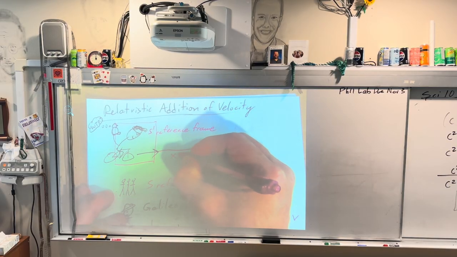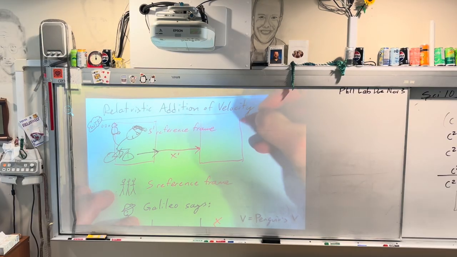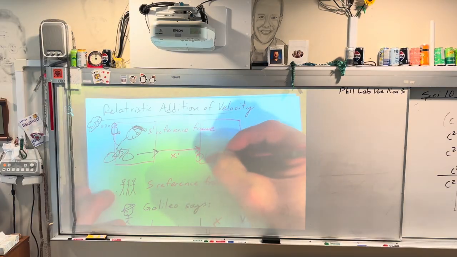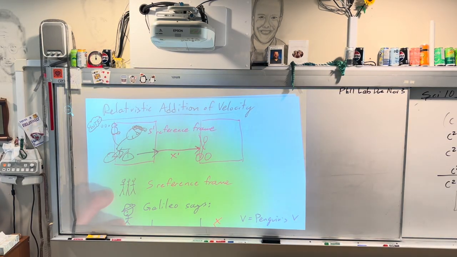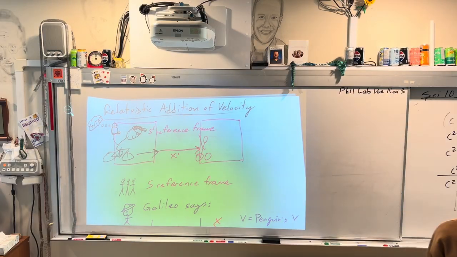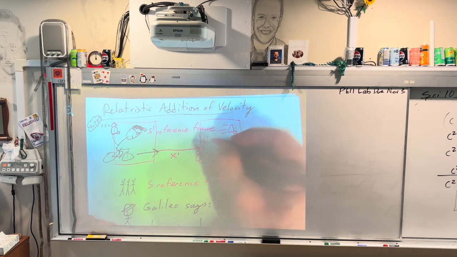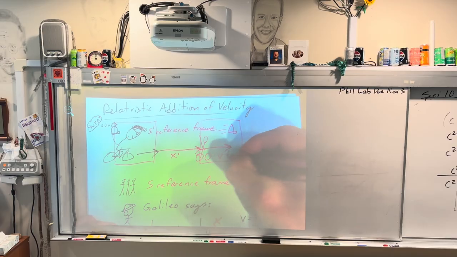We call that X prime. So it's going to be here, and he's going to be here, and he's going to have thrown a penguin while he's riding his bike. So the penguin's going to be up here, moving at a velocity v.